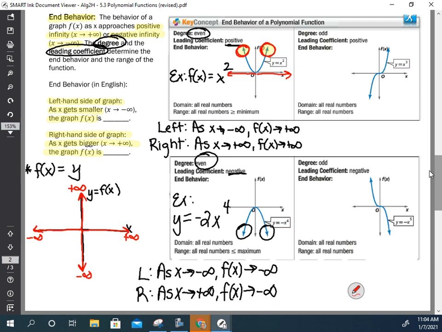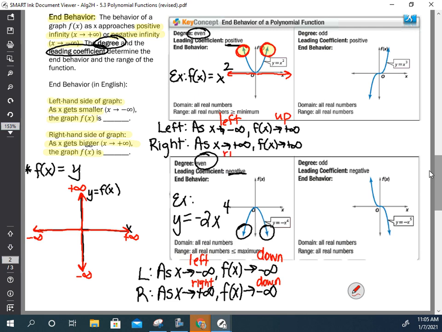Think of the symbols like this. As x goes to the left, the graph is going down. Negative infinity is pointing down. As x goes to the right, f of x is still pointing down. Y is going down. For the top part, think of it the same way. As x goes to the left, the graph is pointing up.